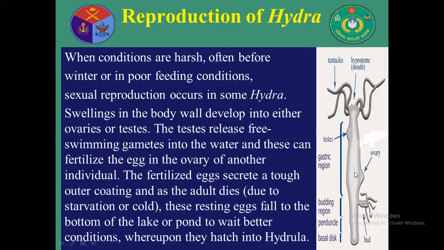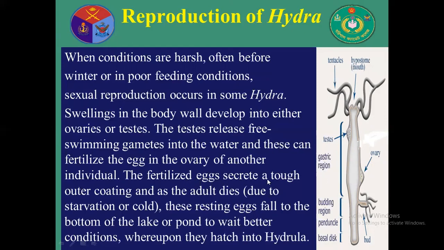When the testis is matured, the ovary is not. In another hydra's body the ovary is matured, the membrane bursts, and sperm is released from the testis into the water, and all sperm go to other ovaries for fertilization.